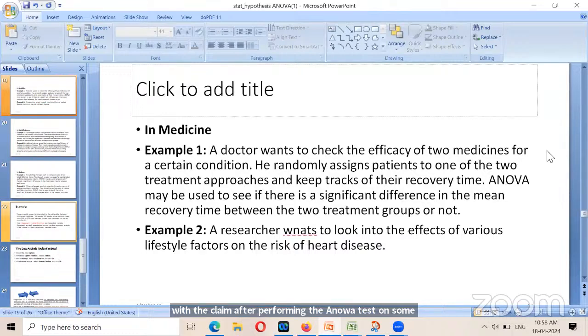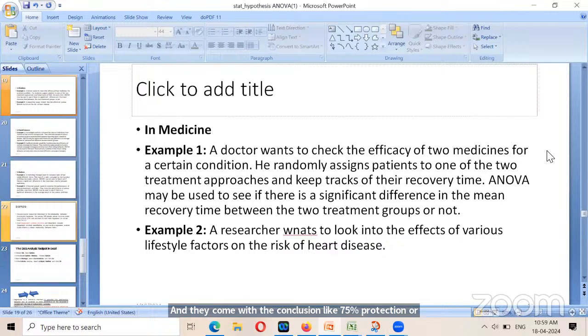So the ANOVA test is very popularly and very largely performed in pharmaceutical companies. Okay, pharmaceutical companies always prefer to perform the ANOVA test on some group of people. They observe the group of people for some amount of time, and they come to a conclusion like 75% protection or 95% protection.